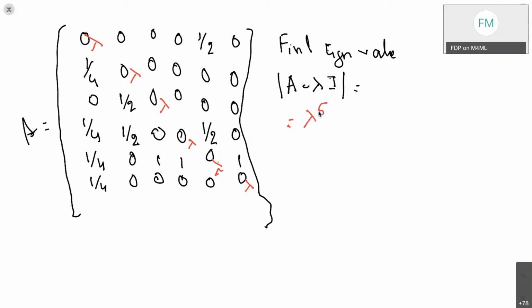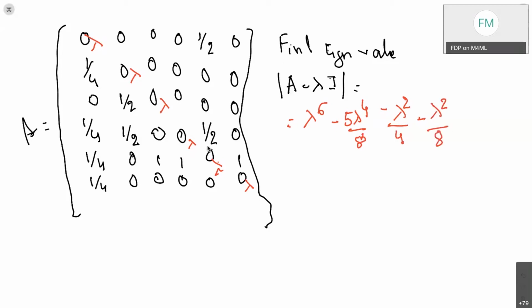Now, applying this and finding the determinant, we'll end up with an expression: 5 lambda to the power of 4 by 8 minus lambda square by 4 minus lambda square by 8.